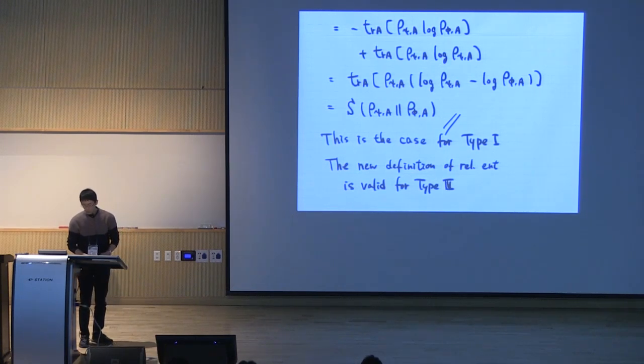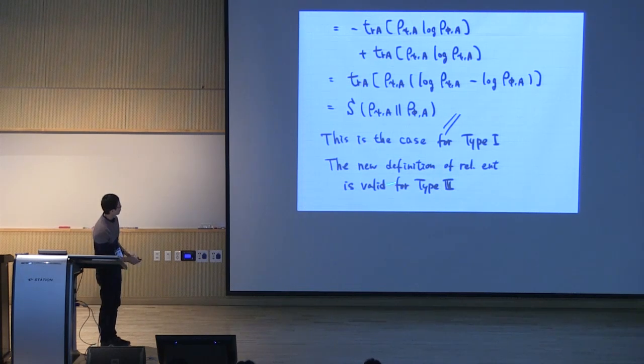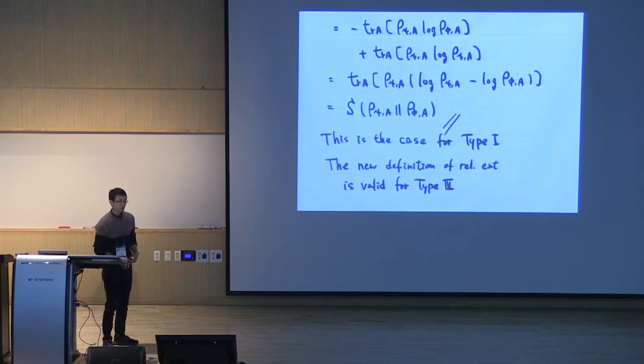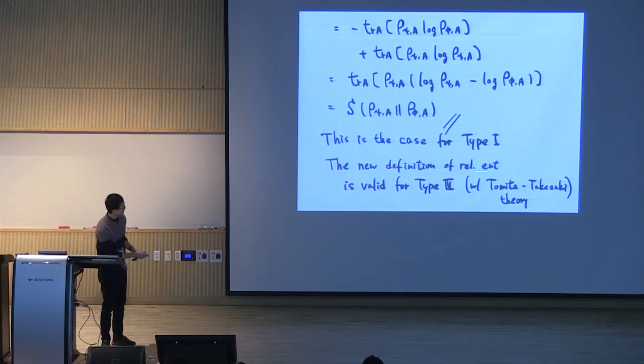Actually, that's the motivation why Araki introduced this definition in his paper. To study the relative entropy in the type 3 case, you have to use the so-called Tomita-Takesaki theory. It's completely math literature, but okay.